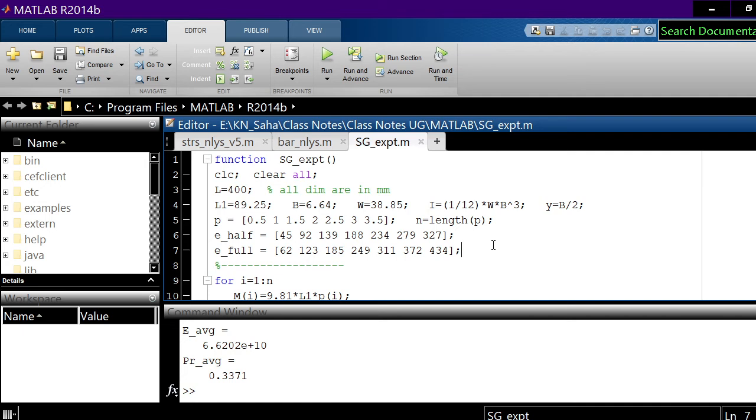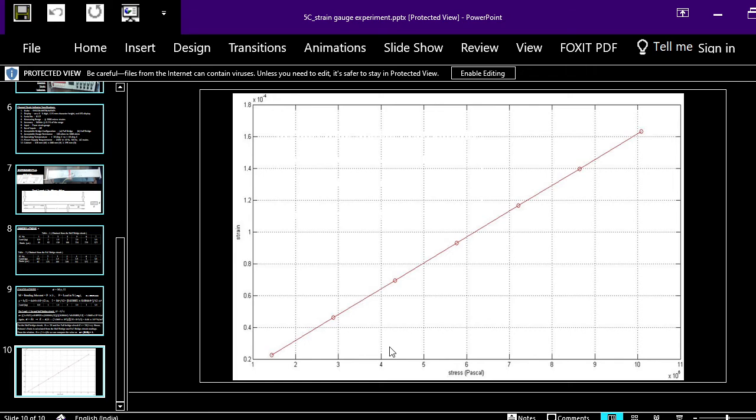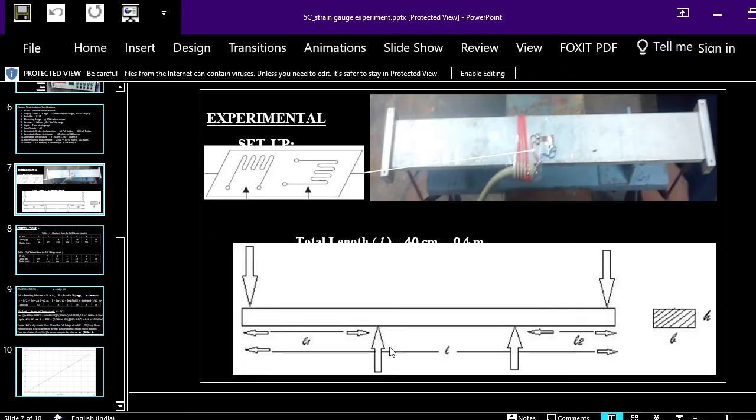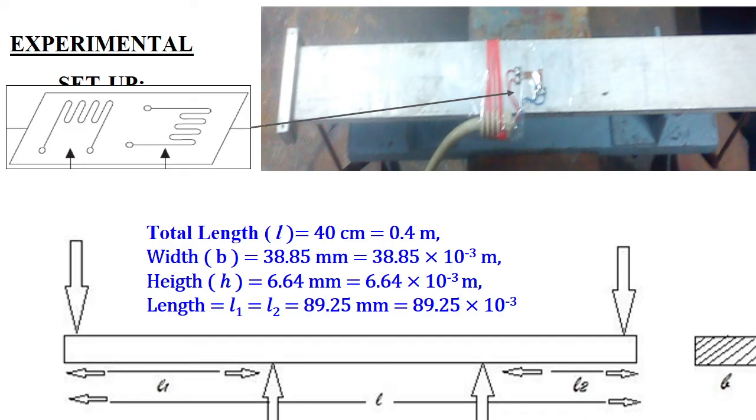Understand? This is the function strain gauge experiment. Length is given. Then this is the moment arm length. This is height and this is width. So it corresponds to these dimensions, length and other things. And what else have we given?